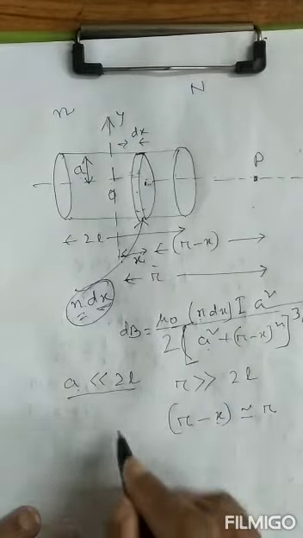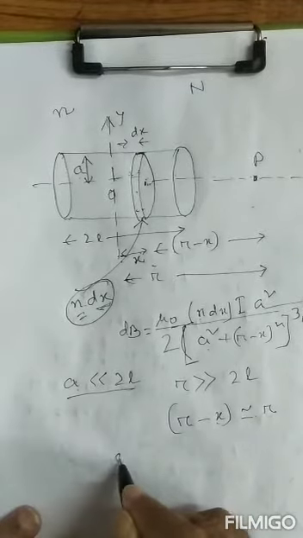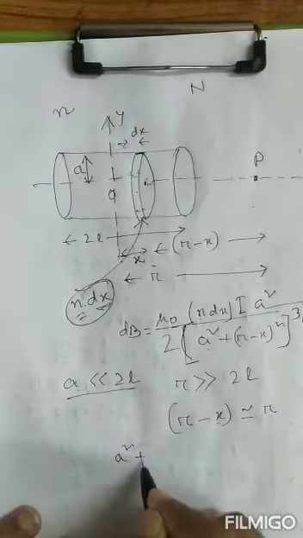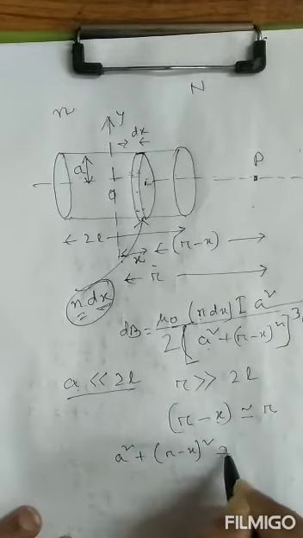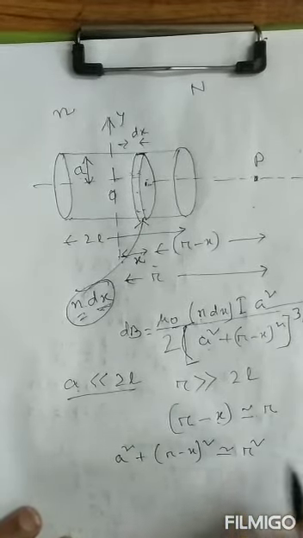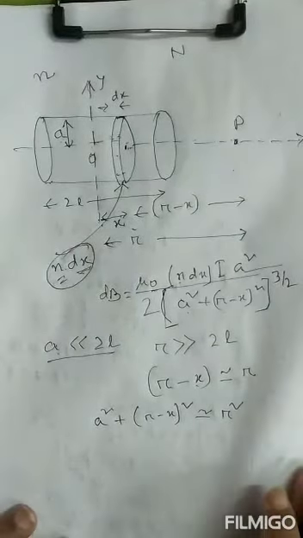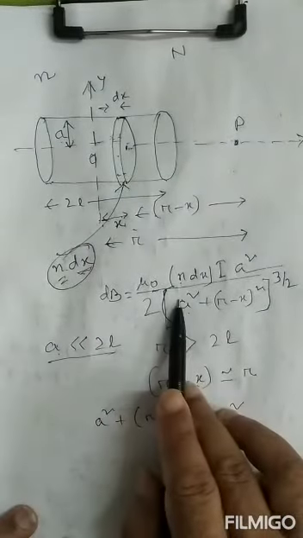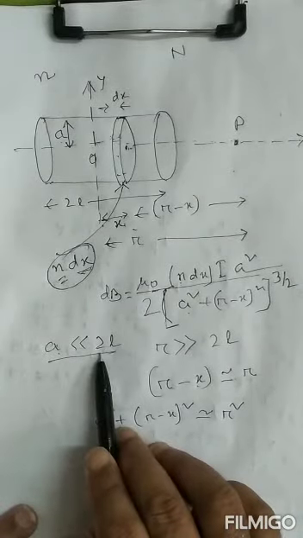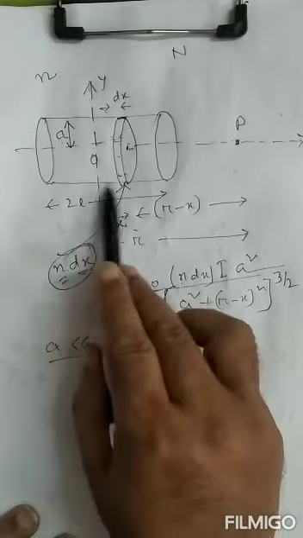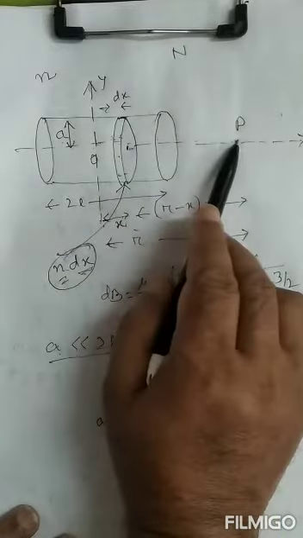Again, A is very, very negligible. Therefore, instead of A square plus R minus X whole square, we may write R square. Why is A negligible? Because for a solenoid, the diameter is very, very less than the length. Number two, this distance is very small, this distance is very large.